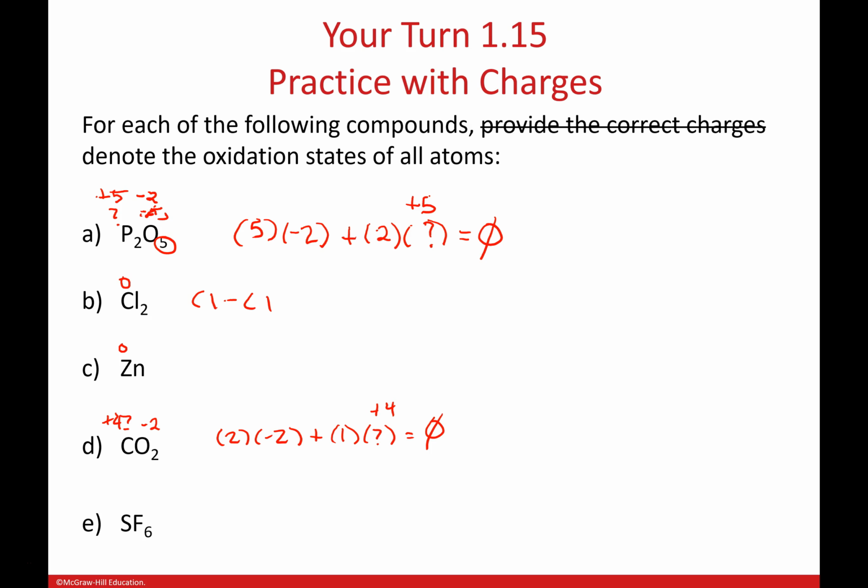For the fluorines, we're going to go with what it would be if it was an ion. If fluorine was an ion, what charge did you have over there? Do you remember? -1. I'm going to go with -1. There's no other chemist here to argue with me. I'm going to put a question mark over the sulfur.